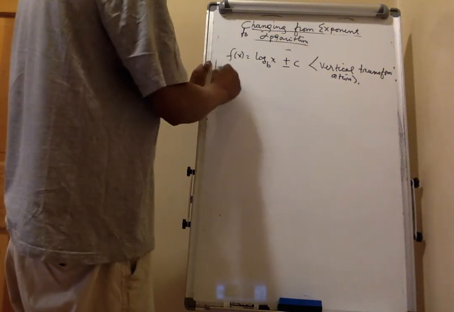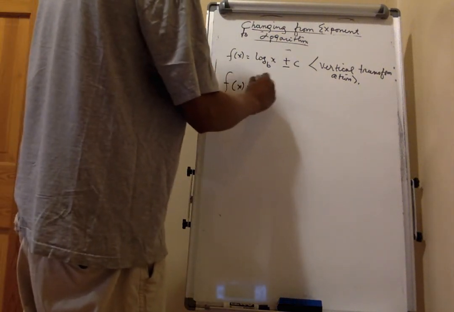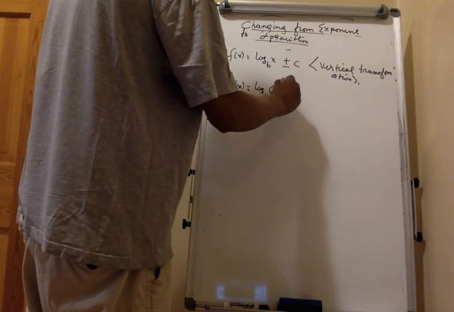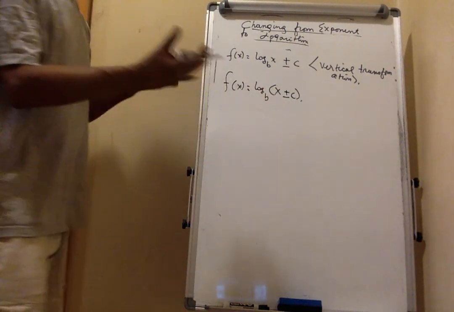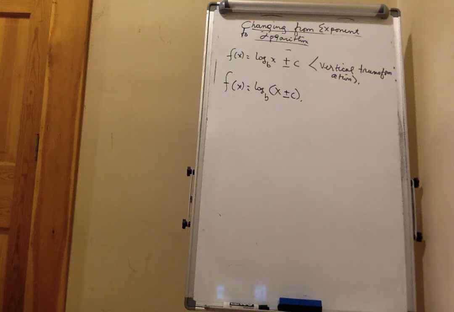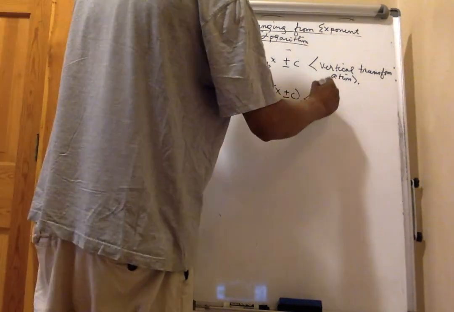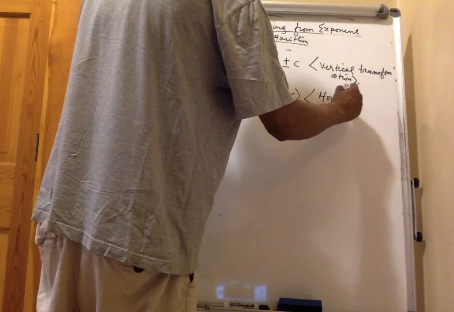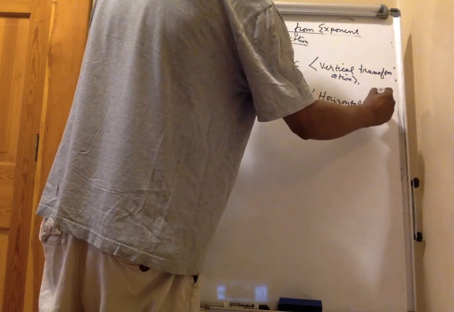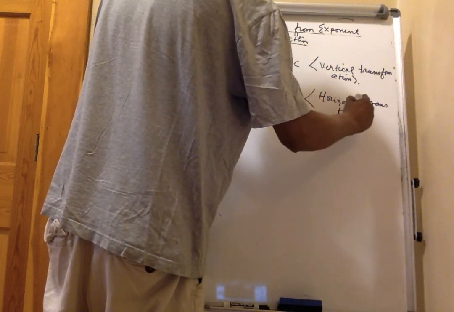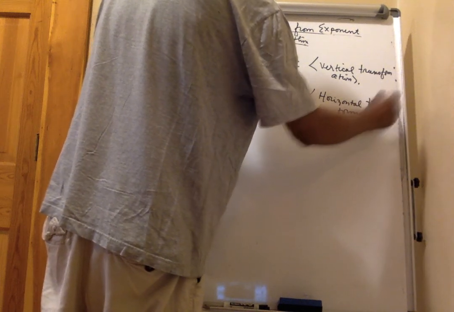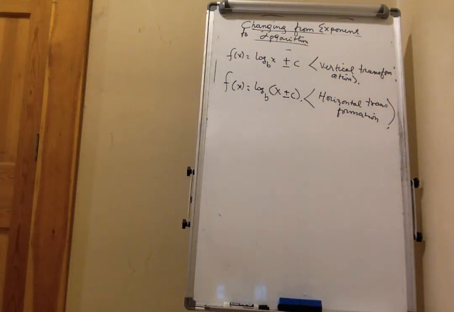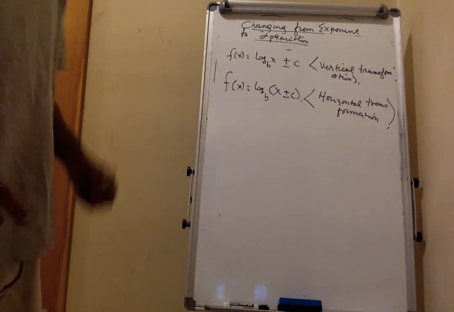And if you have f of x is equal to log b of x plus or minus c inside, meaning what? Now the constant number is part of the argument. This is horizontal transformation. I think that takes care of this session.